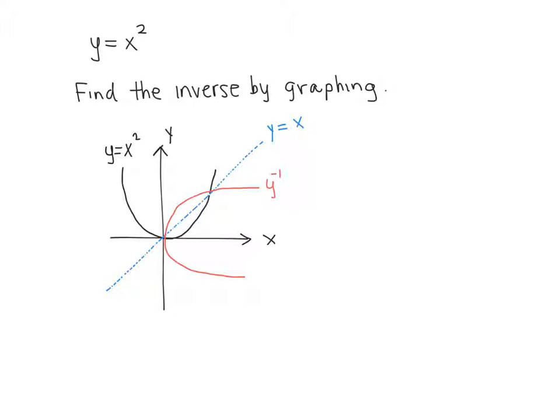Instead of y is equal to x squared, where x is all real numbers, if we restricted the domain as x greater than or equal to 0, we would have a graph to start with that's just half of that. And if we reflect that onto y is equal to x, we would get a graph that looks like this. Then it would be an inverse function. So just keep in mind, when you're looking for an inverse, that inverse must be a function.